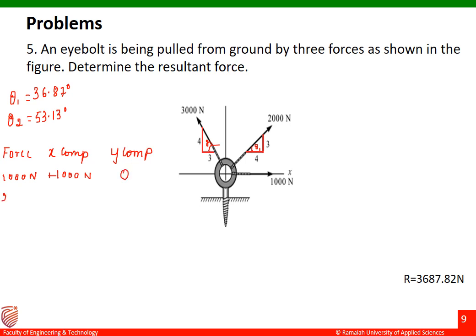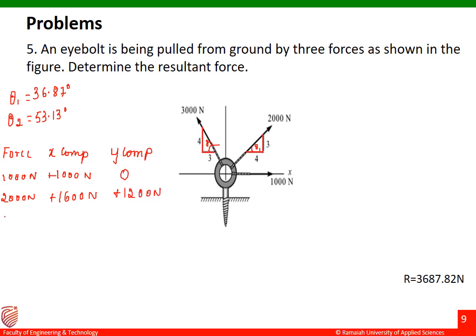For the second force, 2000 Newton, the x component is 2000 cos 36.87, which gives plus 1600. It lies in the first quadrant, so both x and y components are positive. The y component is 2000 sin 36.87, which gives plus 1200 Newton.